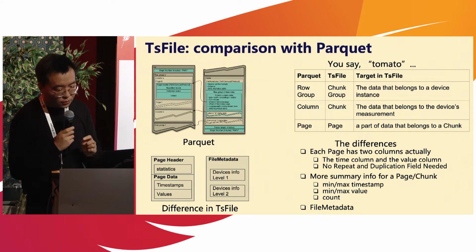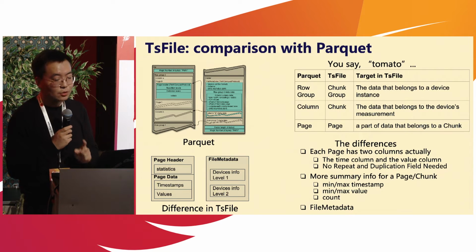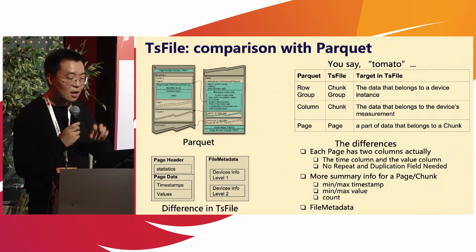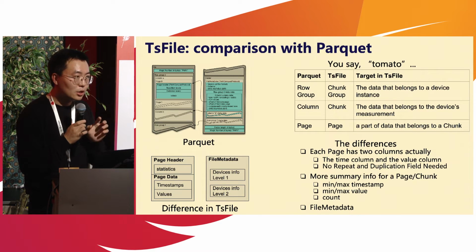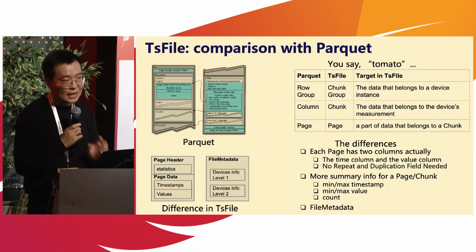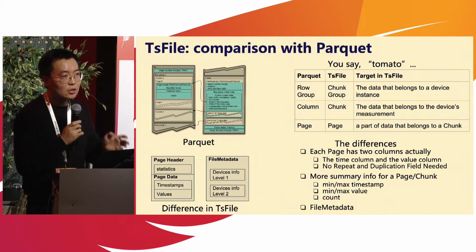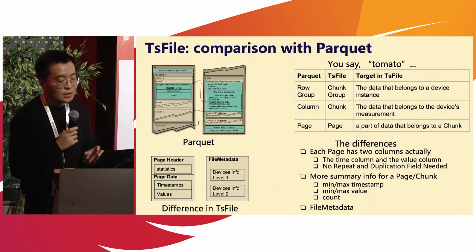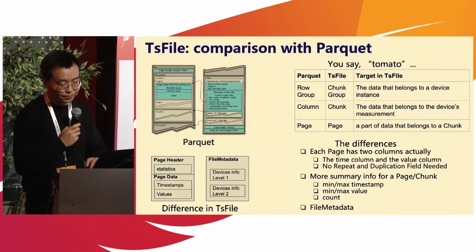So in this way, when we read in one time series, we do not need to seek on disk and do not need to use the repetition and definition fields like in Parquet to align the two columns. And by reducing the disk seek I/O, the performance can be improved.